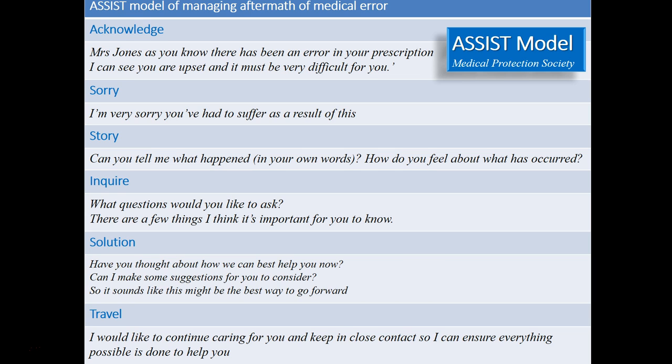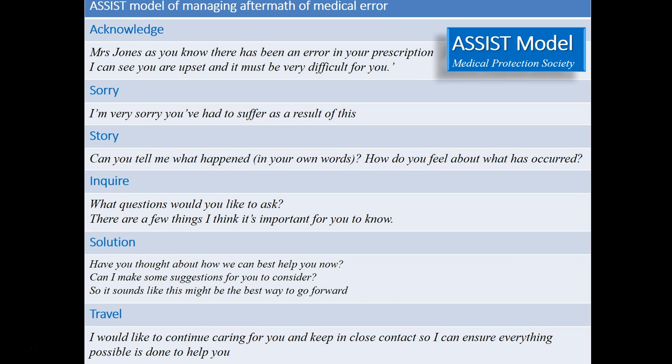The patients want to be heard, so you may express this in a way such as, can you please tell me what happened in your own words? And how do you feel about what's happened? You may then offer them the option to ask questions. What questions would you like to ask? And also, there are a few things I think is important for you to know.